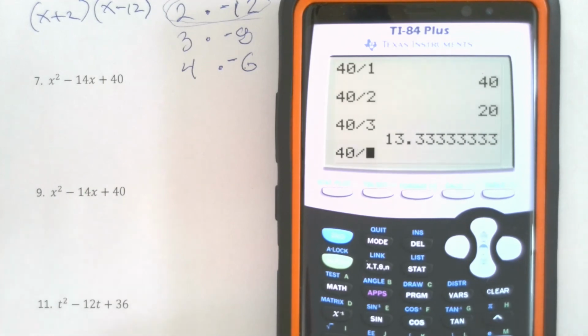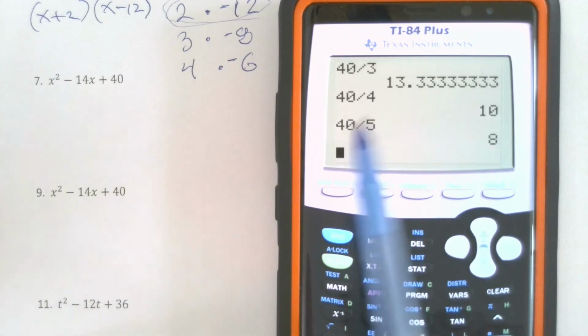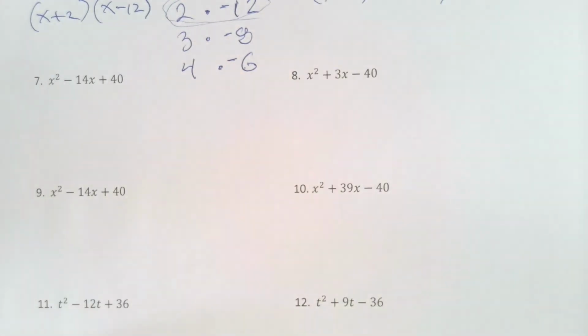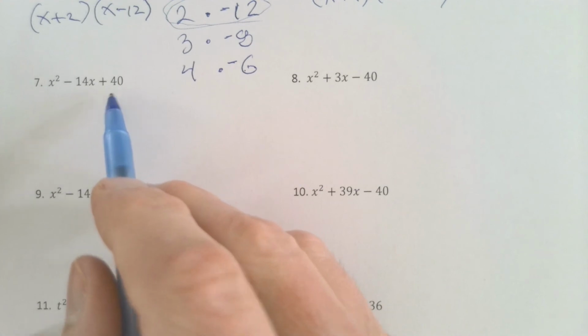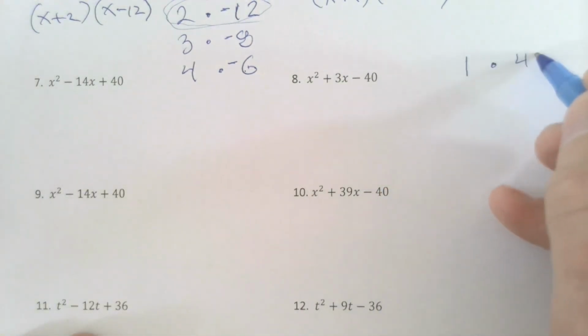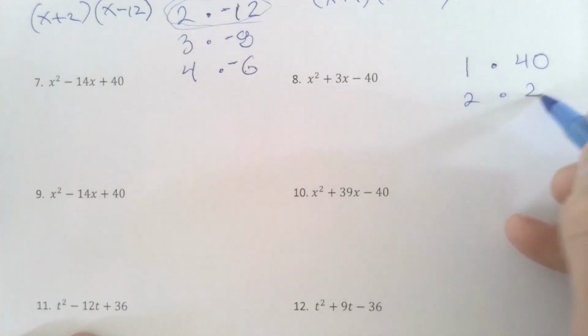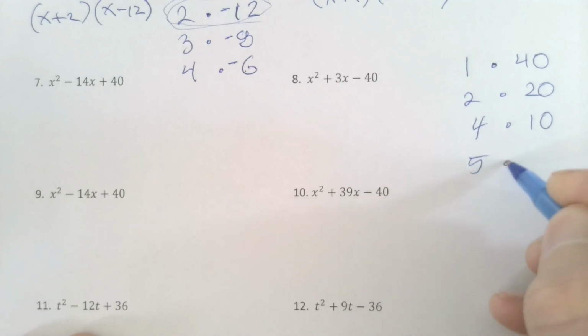But you can put a 4 in the list, because 40 divided by 4 is 10, so your list will have 4 times 10. And the last thing in your list will be 40 divided by 5. 5 times 8 makes 40. So here's the list for 40. It's also the list for negative 40, with some slight modifications. 1 times 40, 2 times 20, 4 times 10, and 5 times 8.